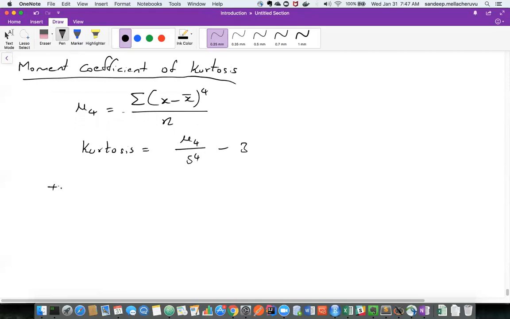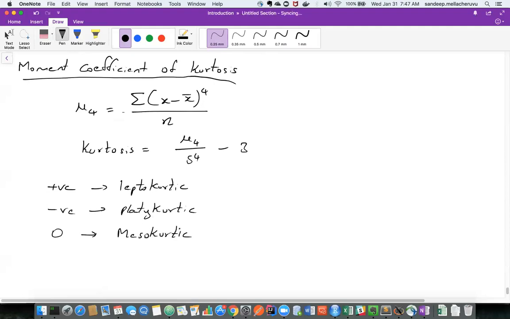If this kurtosis coefficient is positive, then it is leptokurtic. If it is negative, you call it platykurtic. So you mean to say that the kurtosis evaluation is positive with leptokurtic? Yeah, the value after this. And 0, it is mesokurtic.